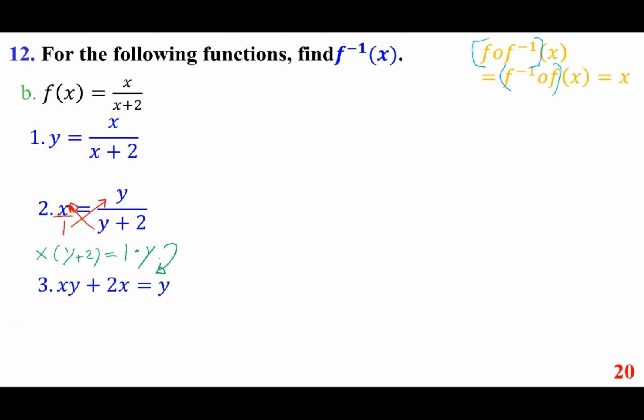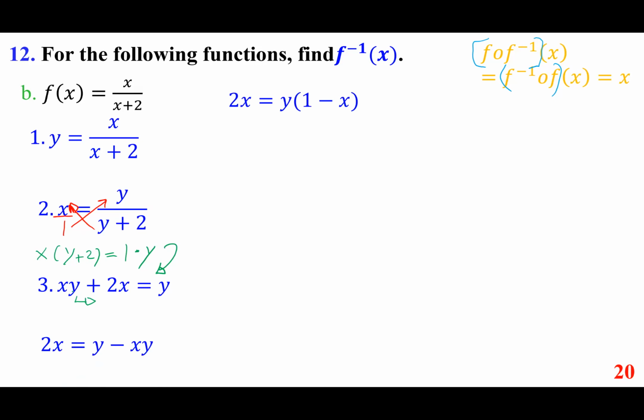We are solving for y, which means we are moving things such that all the y's are on the same side. So if we move this, it becomes minus xy on the right side. And I can factor out the y on the right side. It becomes y times 1 minus x.